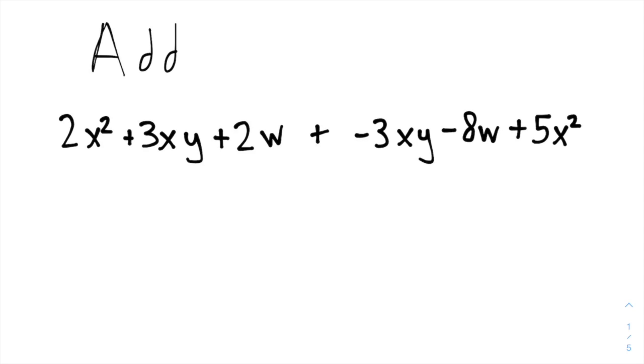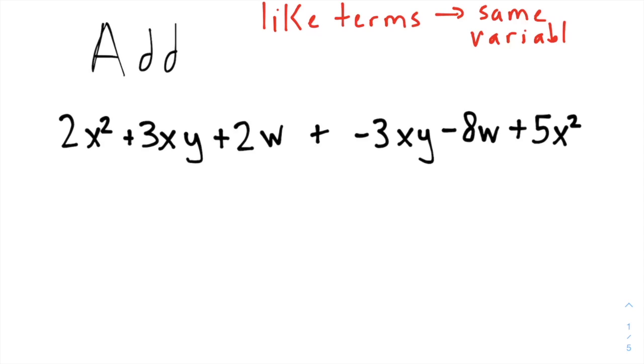So like terms will have the same variable and exponent. So here we have 2x squared.